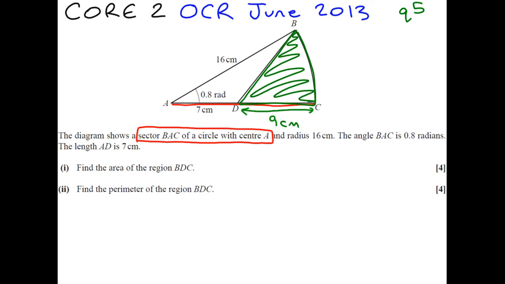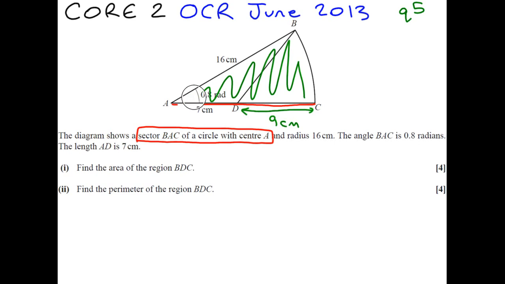This line is clearly longer than the other one, so we can't use the sector formula, even though we know that this length is 9. What we need to do is find the total area and then take away the area of the triangle, which will leave us exactly what we want. So that's our plan of action.